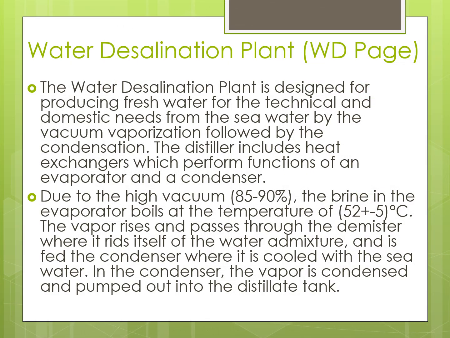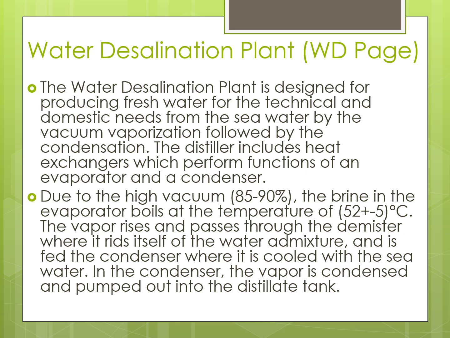Water desalination plant. The water desalination plant is designed for producing fresh water for the technical and domestic needs from the seawater by the vacuum vaporization, followed by the condensation. The distiller includes heat exchangers which perform functions of an evaporator and a condenser.